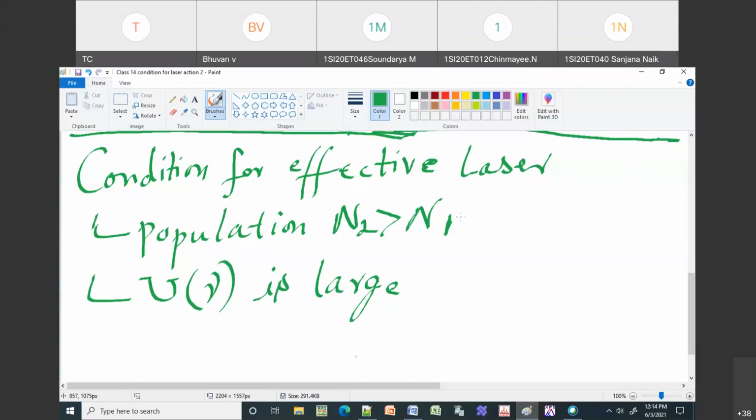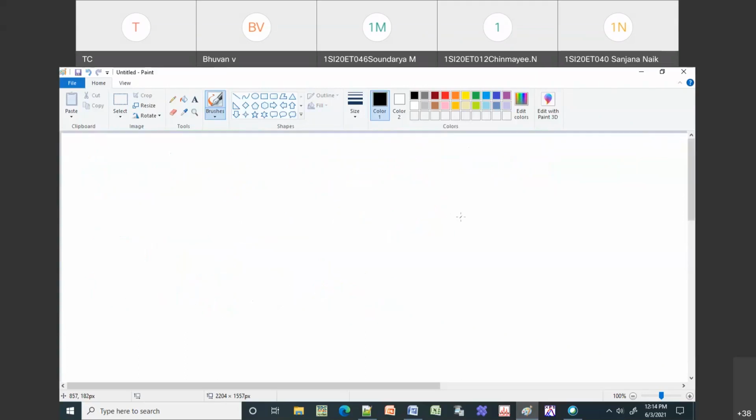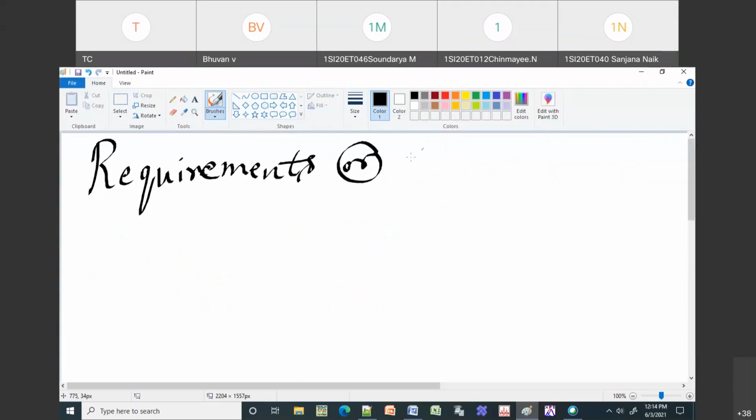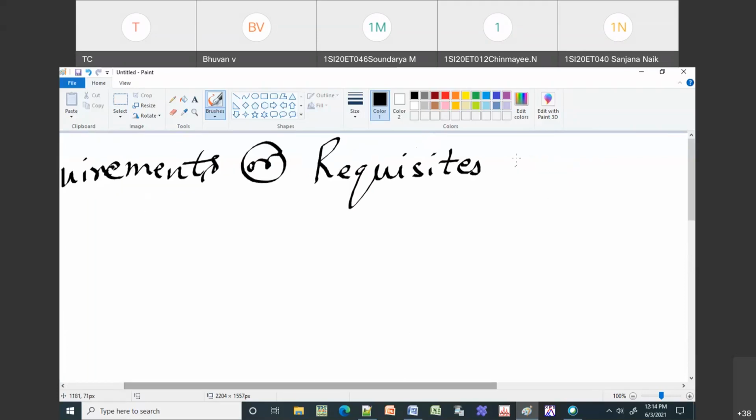If not, it will be just a laser. So for that, I will take the requisites of a laser, the requirements of a laser.